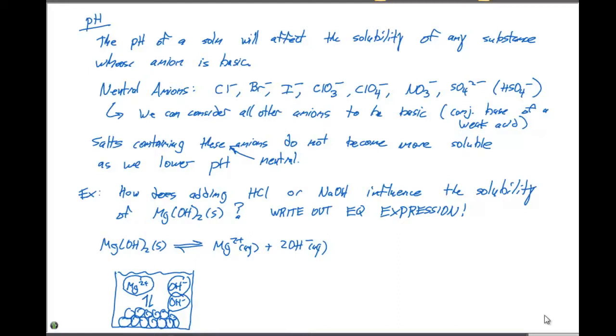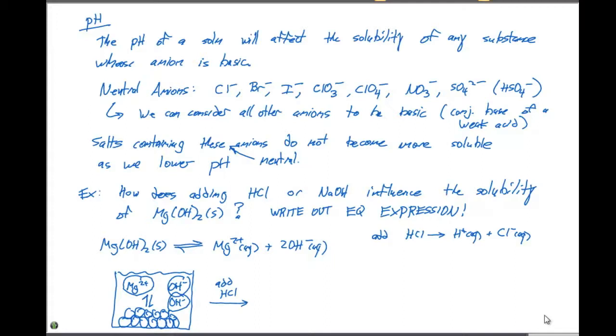If we add HCl, remember HCl is a strong acid, so in solution it's going to give us H+ ions plus Cl- ions. So if we add HCl, let's think about what happens in this particular case.